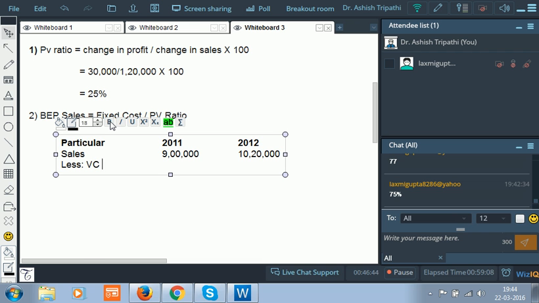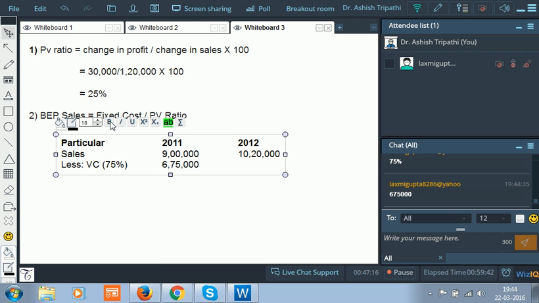We subtract variable cost from this, which is 75% of sales. So if you calculate 75% of sales, in the first year your variable cost will be 6,75,000.